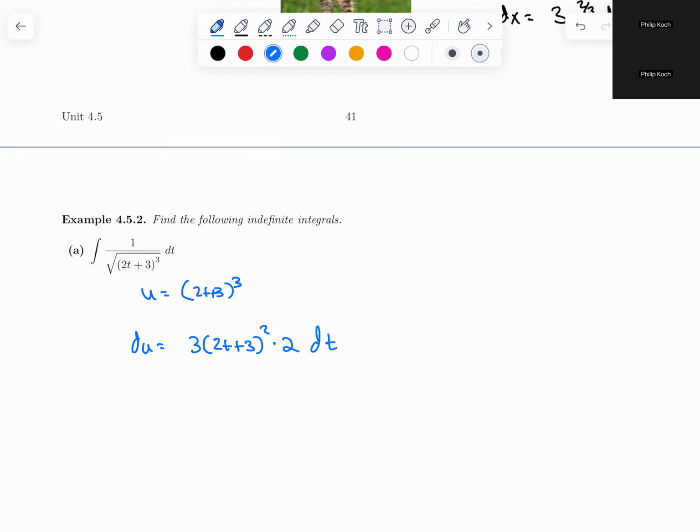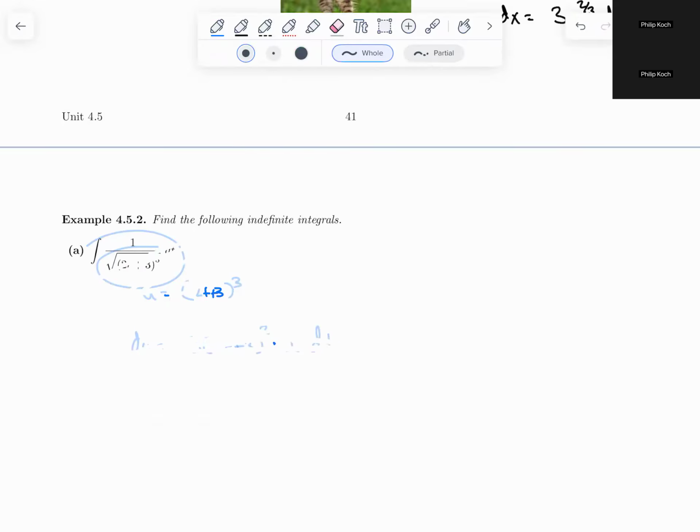And do you notice how in this problem right here, there is no 2t plus 3 squared. There's a 2t plus 3 squared, but it's inside of a square root. It won't cancel nicely.